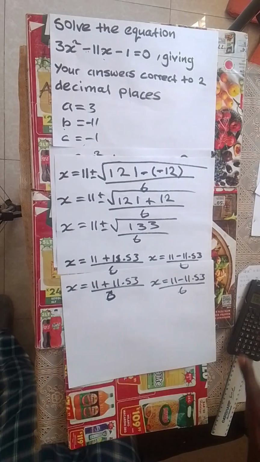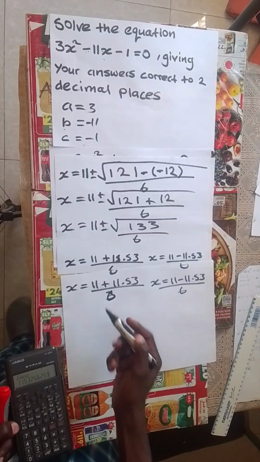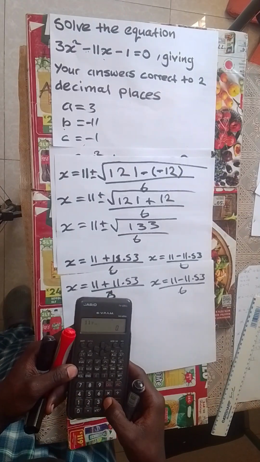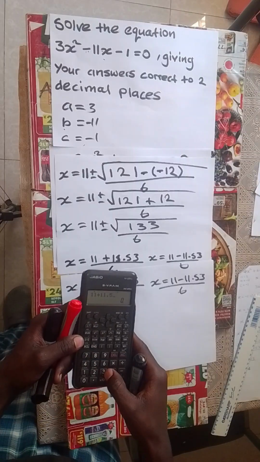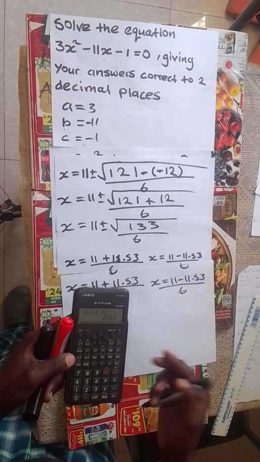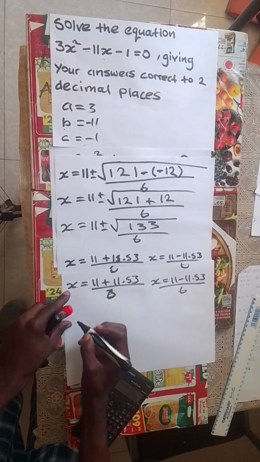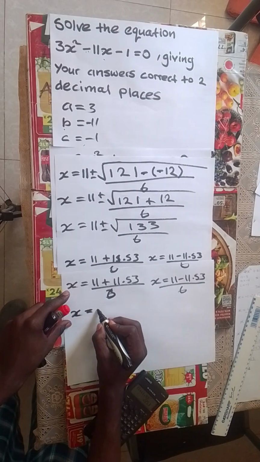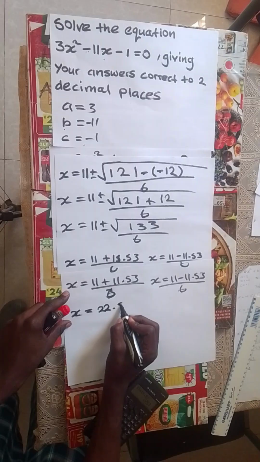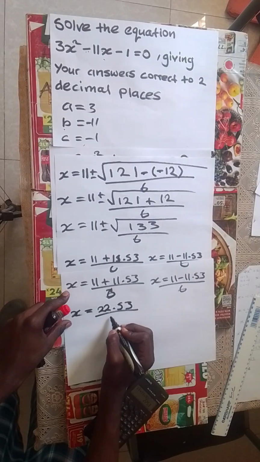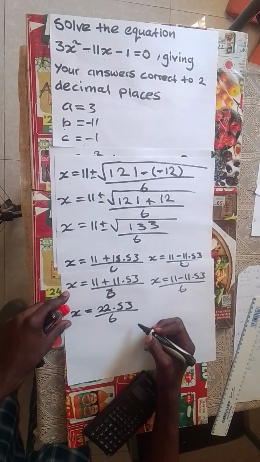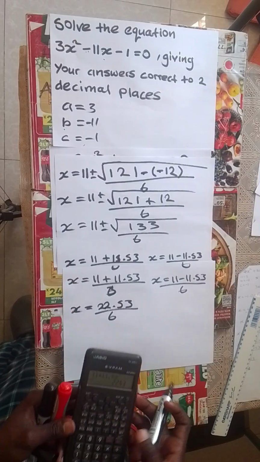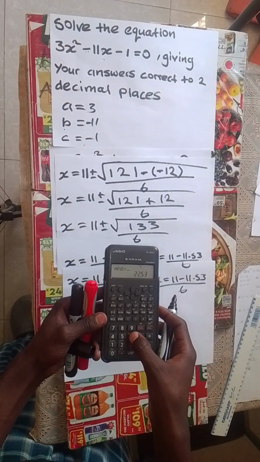So we've reached this stage here. We will now add. So 11 plus 11.53, I am getting a 22.53. x is equal to 22.53 divided by 6.